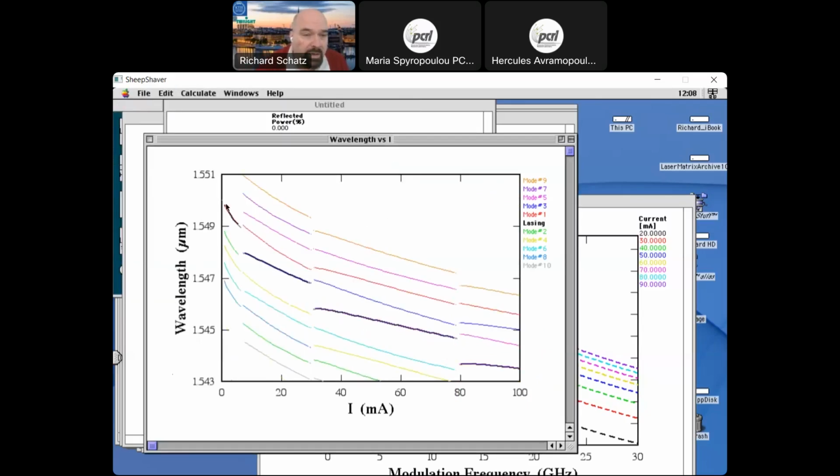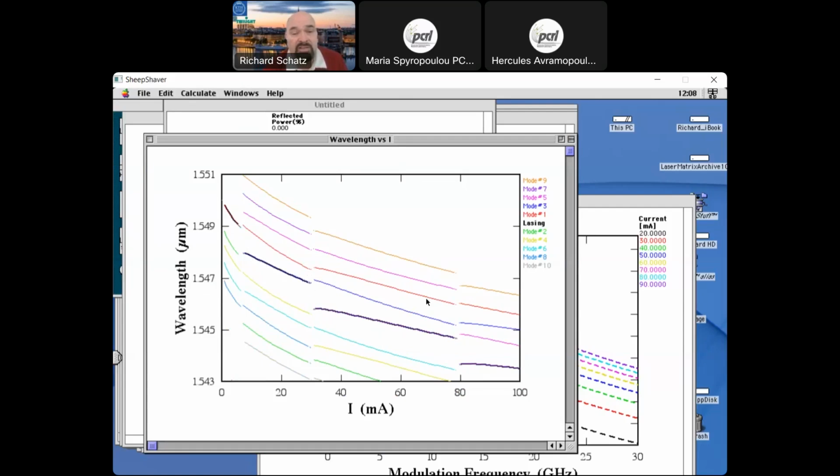So here you see how the laser starts at the long wavelength. When we increase the current into the passive section, it jumps from this mode to this mode to this mode and to this mode. During these mode jumps, you will detune the laser. So here it goes to the short wavelength side, then to the long wavelength side, then it jumps to the short wavelength side, and goes to the long wavelength side.